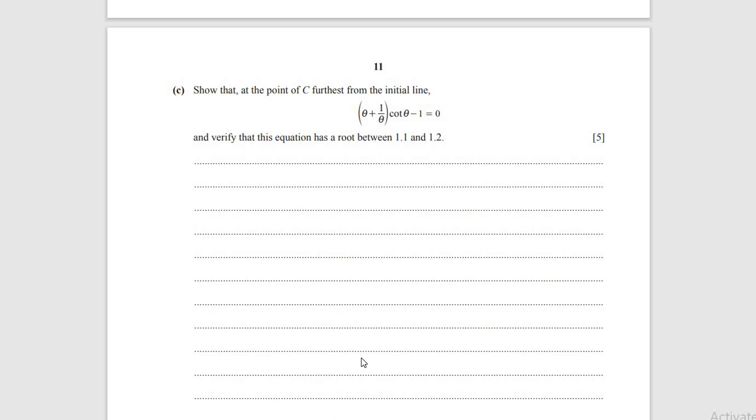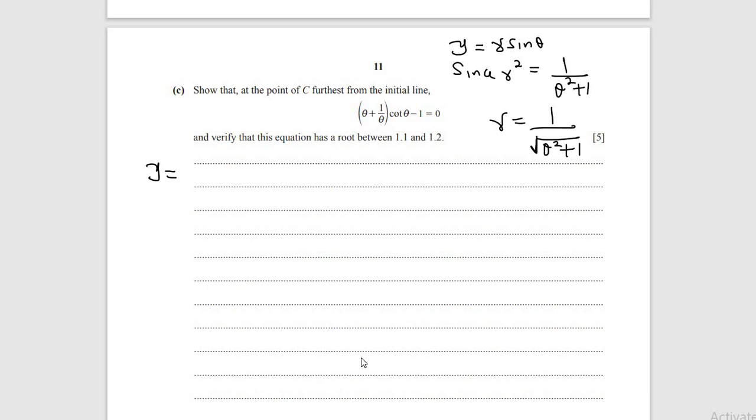For polar coordinates, you know that y is always equal to r sine theta. Since r squared equal to 1 over theta squared plus 1, r will be 1 over square root of theta squared plus 1. So hence y equal to r sine theta, which is 1 over square root of theta squared plus 1 multiplied by sine theta.